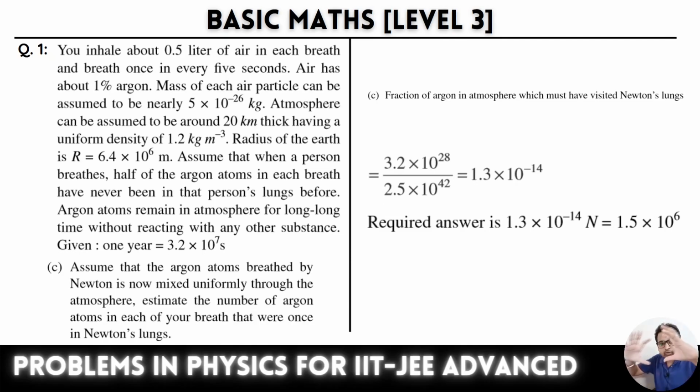Exactly the number of special atoms in the atmosphere that visited Newton's lungs is 3.2 × 10^28. This is clear. So out of 3.2 × 10^28 special argon atoms, how many argon atoms will I inhale? That I have to calculate. Okay, so let's see how we will calculate that.